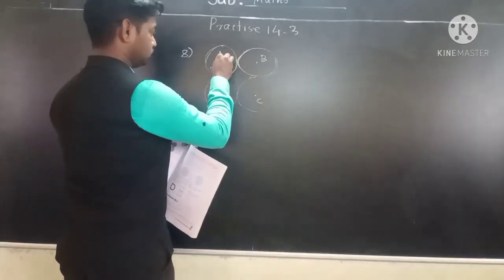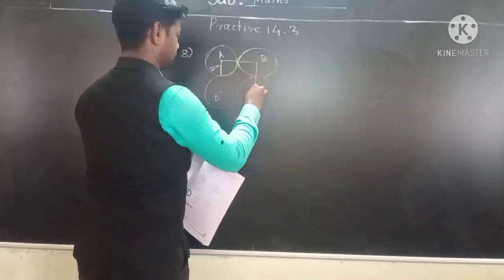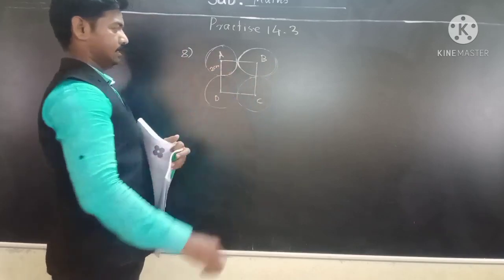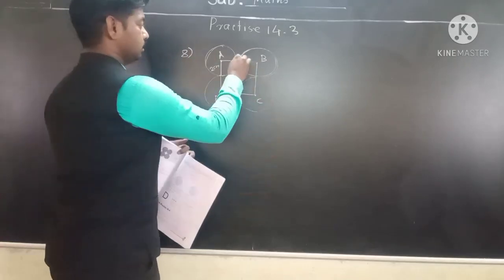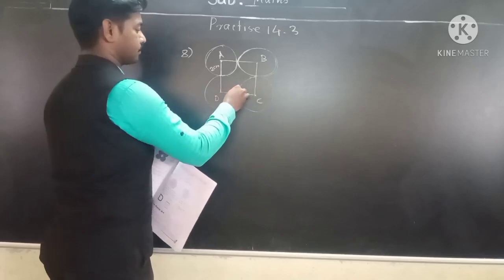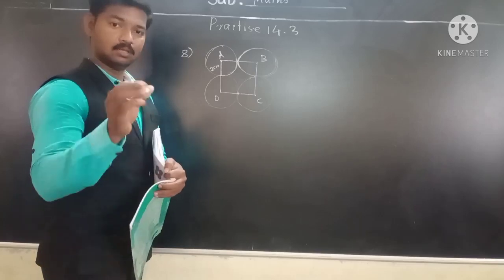So for that we have to join these: AB, BC, CD, and DA. Okay, see here. It is the point which lies on the circle. All circles are there who have radius as 2 centimeters.